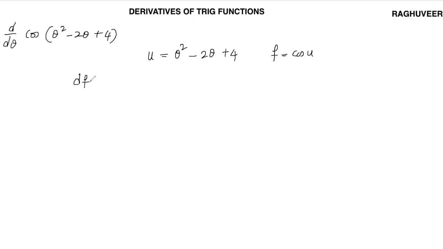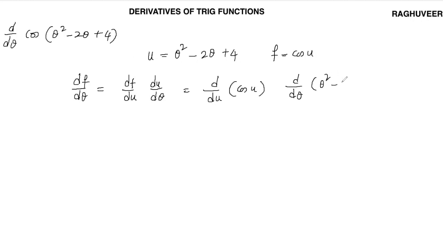So df by d theta is df by du and du by d theta, which is d by du of cos u multiplied by d by d theta of theta square minus 2 theta plus 4. So this is minus sine u, and this is 2 theta minus 2.